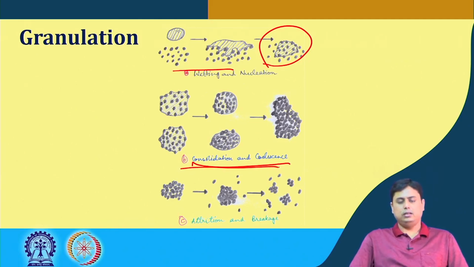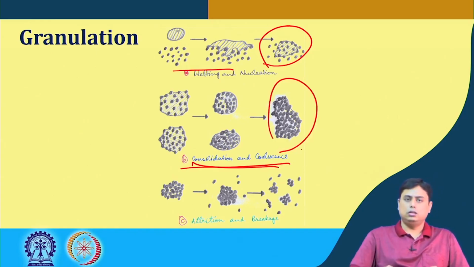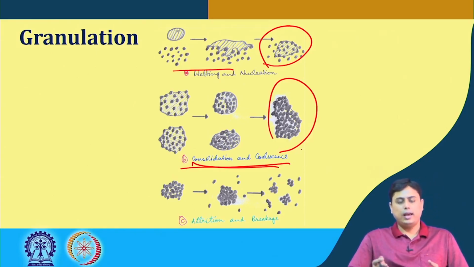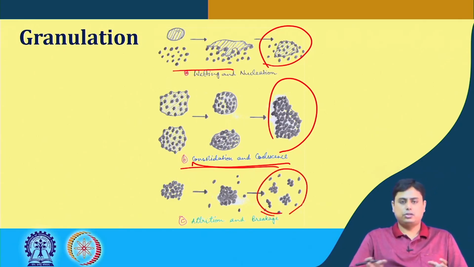At the end, this consolidated granule undergoes attrition and consequential breakage if the bonding by the bridges is not sufficient to withstand the external force. So it creates small, stable structures or stable clusters.